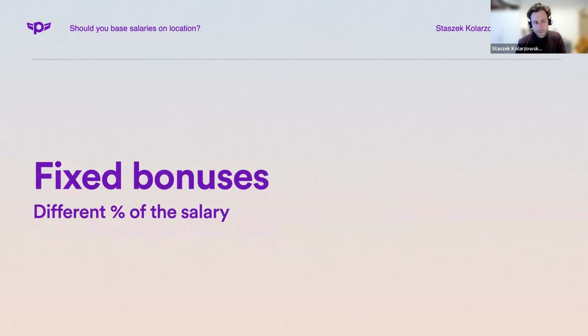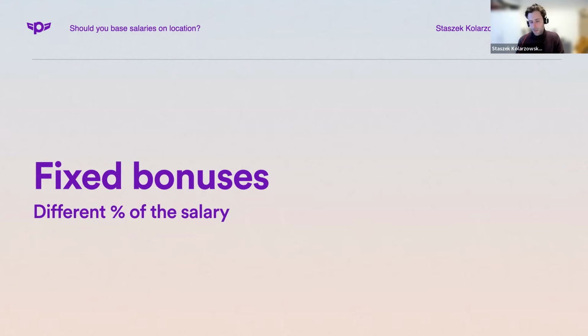A different thing I heard from some of the employees is about fixed bonuses. Imagine you have a sign-up bonus, where if someone joins the company, you want to give them $2,000 as a signing bonus. The feedback you may hear from your employees, for example in the United States, will be: hey, this person from a low cost of living country just received a bonus equal to 1 month of salary, and I received a bonus equal to 20% of my salary.